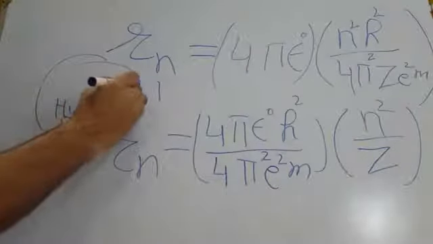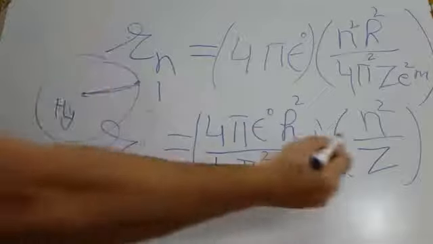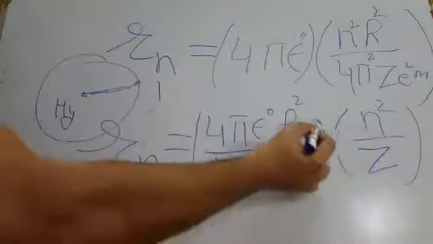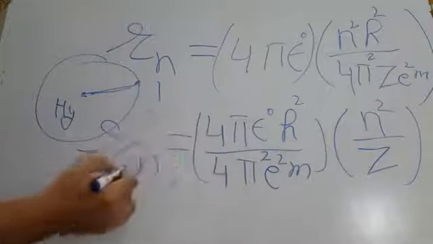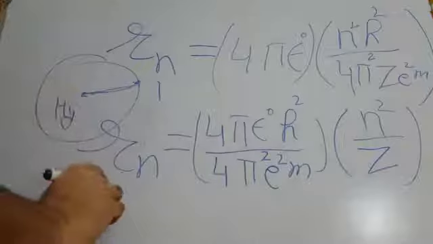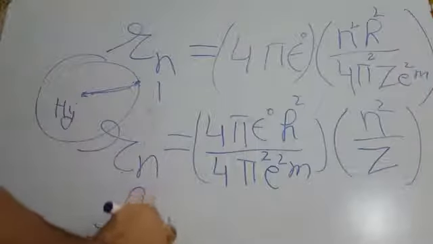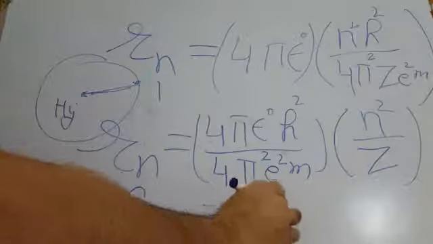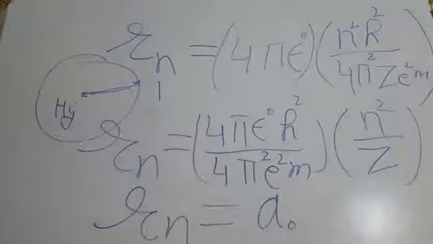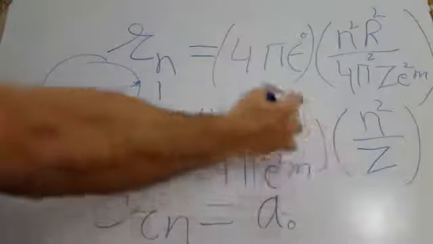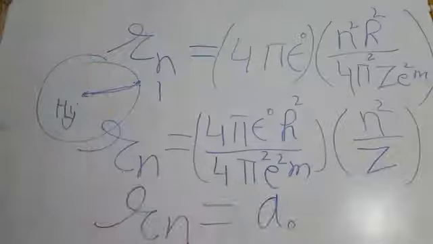Hydrogen's first orbit: by putting these values, we get the first orbit of the hydrogen, and that is symbolized as A0 or Bohr's radius. Therefore, this is equal to A0.